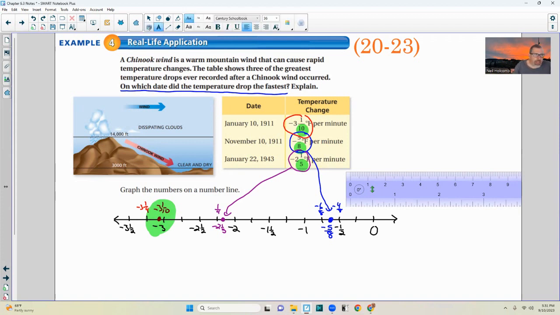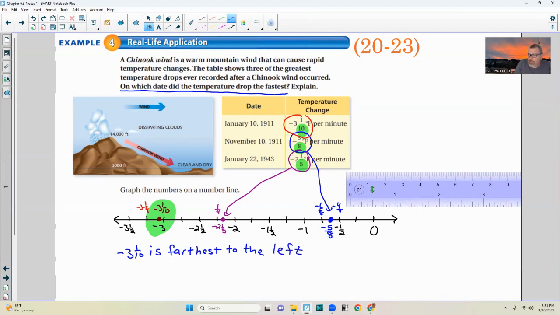So what I would say is -3 1/10 is farthest to the left. Okay, so then we do a therefore.